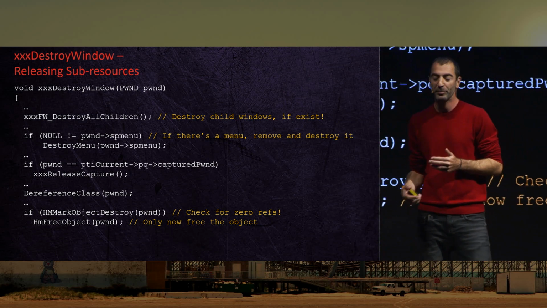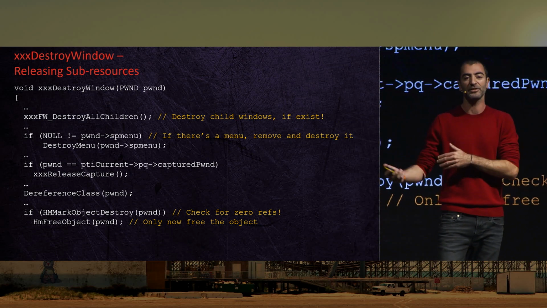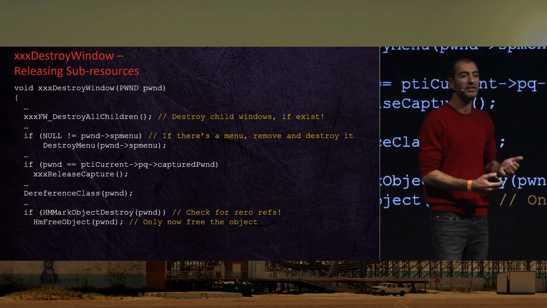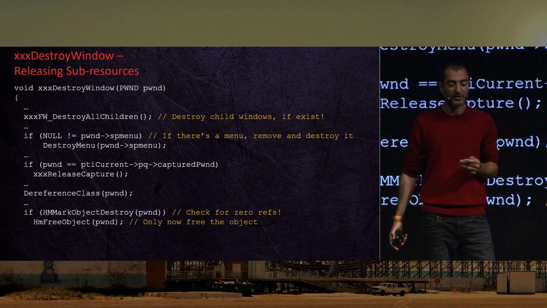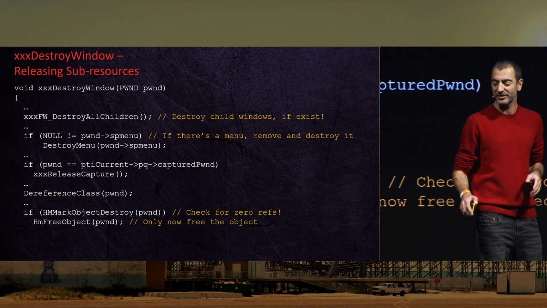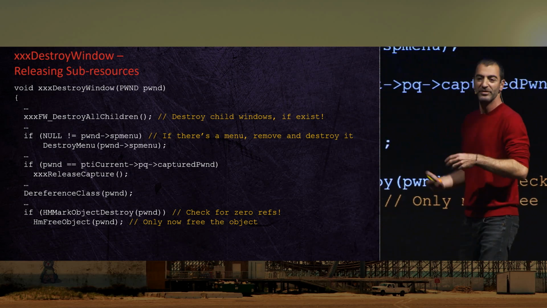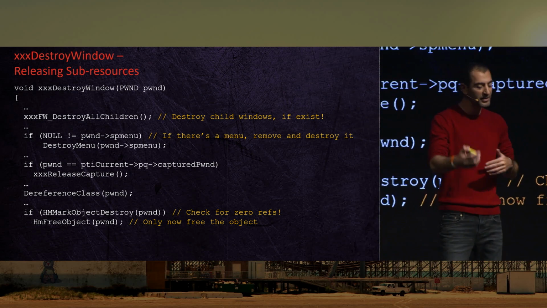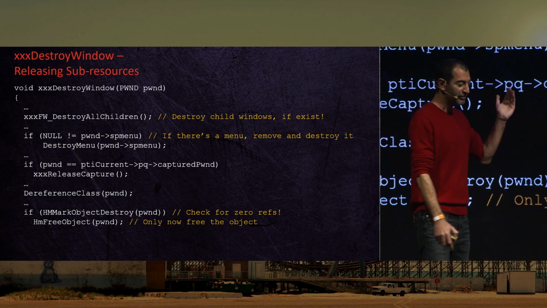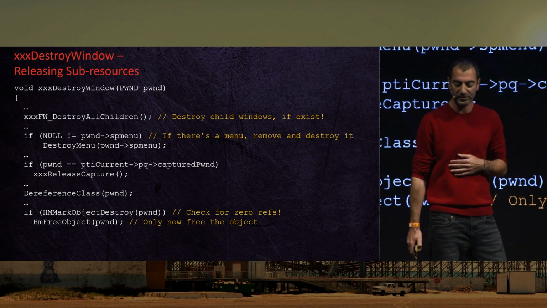So that's one example of sub-resources being destroyed together. So just so you start to understand how it works. And then another example, you can release a capture. Never mind what a capture is. It's old stuff, but it's another object that you can crawl and use for exploitation. Then you dereference the class. Lots of class bugs also in Win32k.